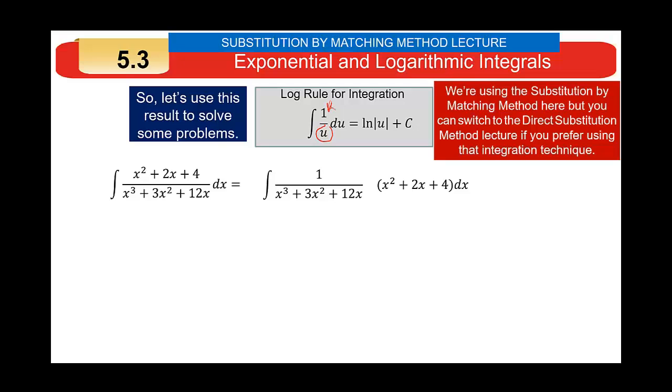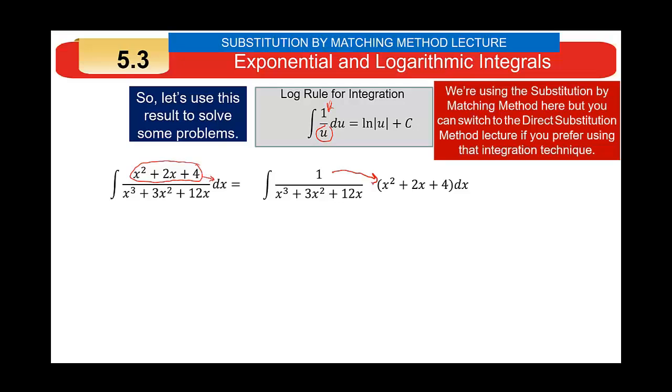And we can easily do that. All we have to do is take the numerator and push it out of the numerator and put it beside, to the left of the dx. Now you can see the 1 up top, and the integral is taking shape now.